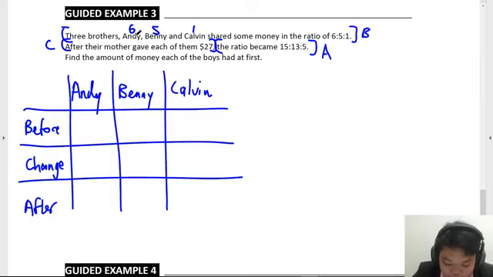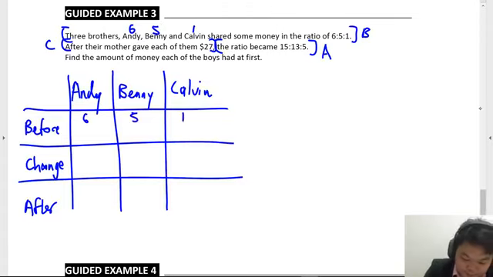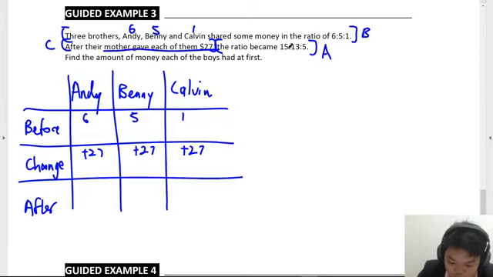Before, Andy got 6, Benny got 5, Kelvin got 1. The mother gave each of them $27. So this is plus 27, plus 27, plus 27. Ratio became 15:13:5.